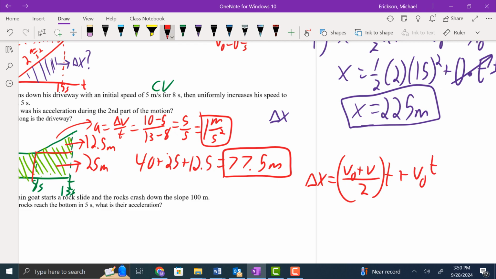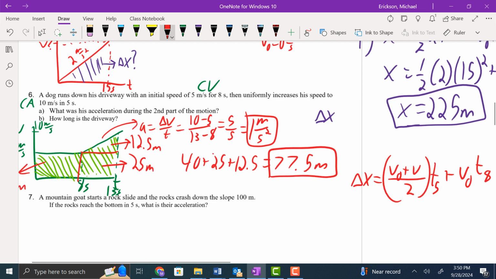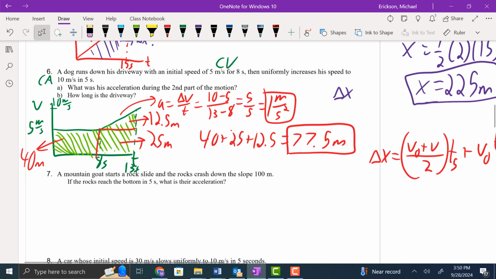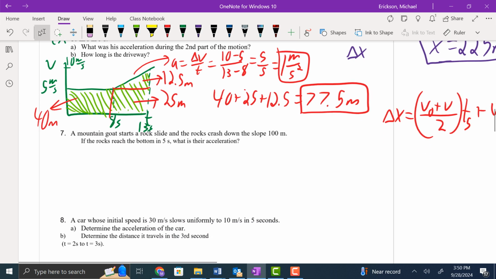And this is where it gets confusing. This t is for the back 5 seconds, and this t is for the front 8 seconds. So explaining it through the equation, it's a little bit more difficult. But if you just drew the graph and did slope or area or whatever you need, you can solve that problem pretty straightforward. All right, I'm going to move on so I can keep the video time down.